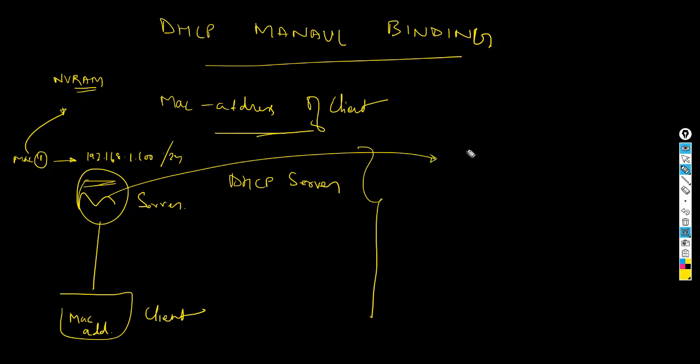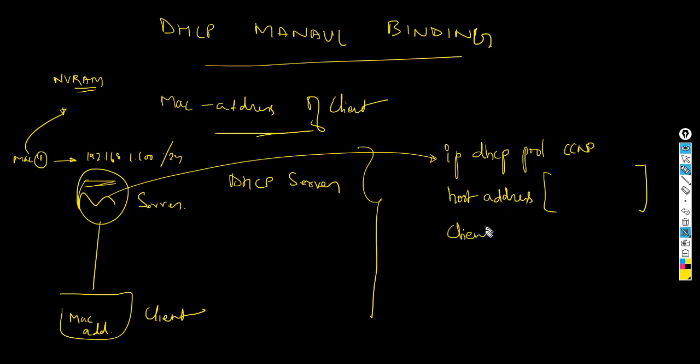So what you do is you go to IP DHCP pool CCNP. Just the host address, whatever the host address is, and the client identifier. Client identifier is the MAC address here.